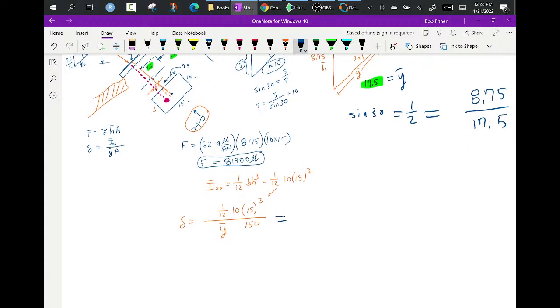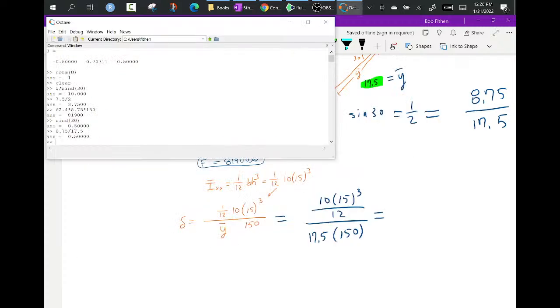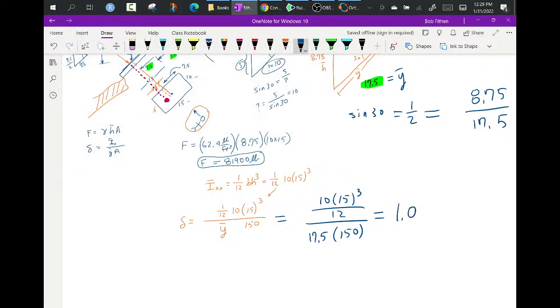Now, let's say this is 10, 15 to the third over 12 over 17.5, 150. Let's figure all this up. We're probably not going to find that it's that much. Okay, 10 times 15 to the third power divided by 12 divided by 17.5 divided by 150, and it ends up being 1.0714.